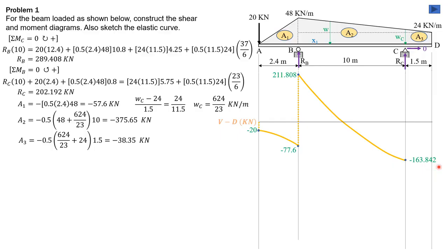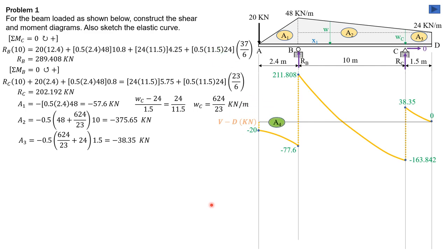Then negative 163.842 plus R sub C, which is 202.192, so it is 38.35. And 38.35 plus negative 38.35, it's 0. We have negative decreasing slope or negative decreasing ordinate, so negative decreasing slope like this shape here. So that completes the shear diagram construction.